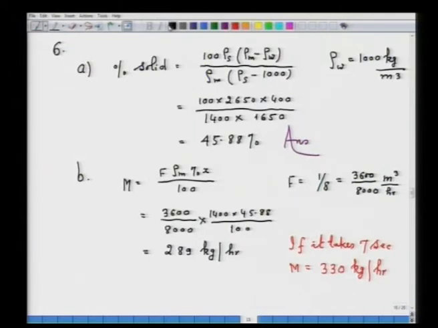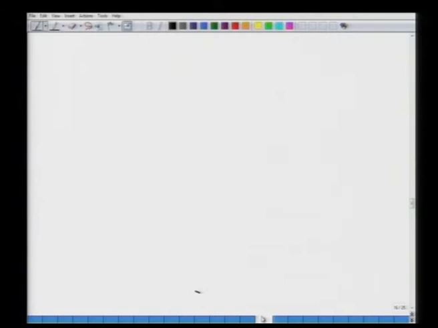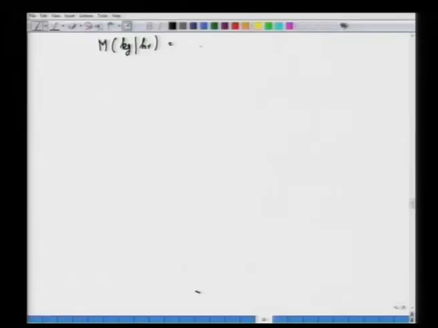Now, the same M you can also calculate, we also derived an alternative formula, that is M in kg per hour. In case you do not want to calculate percent x, then straight away you can use it, that will be equal to F into rho s, rho m minus 1000 upon rho s minus rho m.